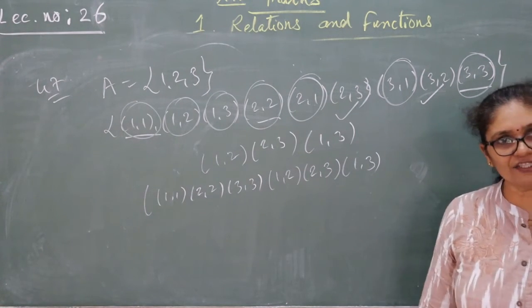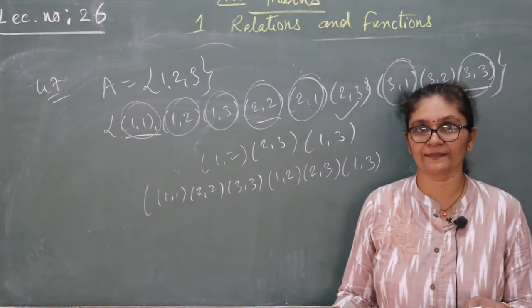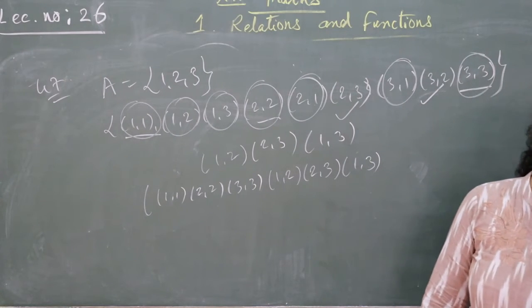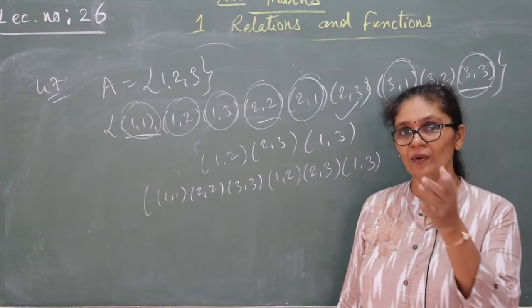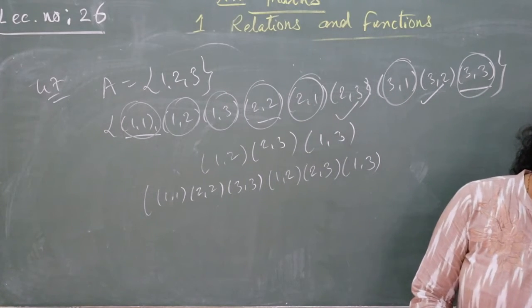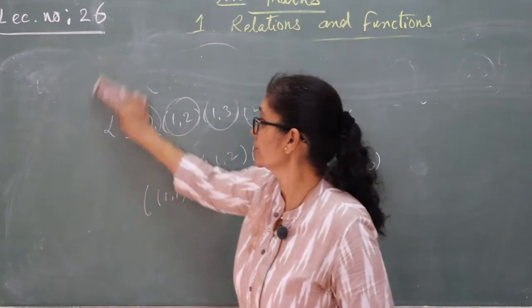So here transitivity also holds. This way, how many ways can we make sets? So this type of 3 sets we can make, in which you can show reflexive and transitive but not symmetric. That is your 47th question. Now come to the 48th question.